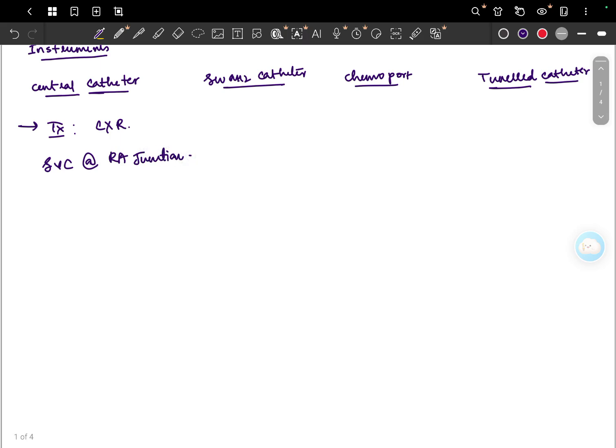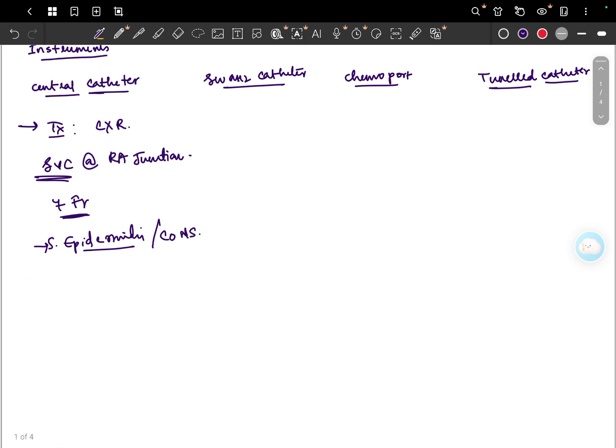The subclavian vein will be the most commonly used vein, and we'll be using 7 Fr, which means French. The infection that is commonly seen is S. epidermidis, or CoNS. So this is about the central catheter.